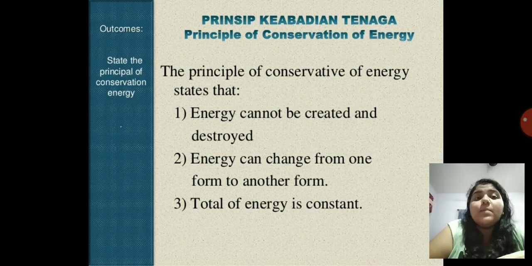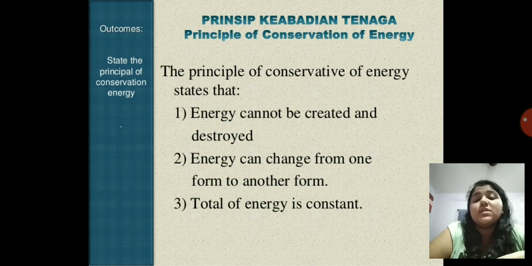So what is the principle of conservation of energy? Energy cannot be created and cannot be destroyed. Energy can change from one form to another form, and in this way the total energy is constant. This is the principle of conservation of energy, or the law of conservation of energy.